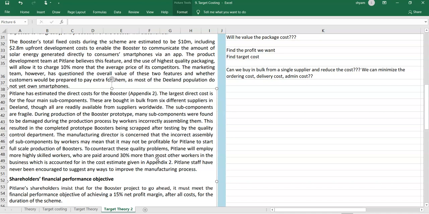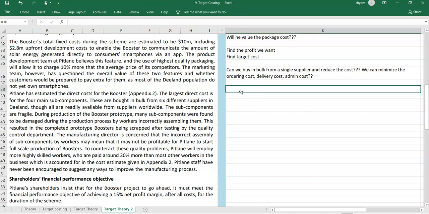So see, there is some kind of component here. What is the component here? So many subcomponents seem to be damaged. Why are they damaged? They are so fragile that they get damaged at the time of fixing. So they are paying a higher salary for new staff.